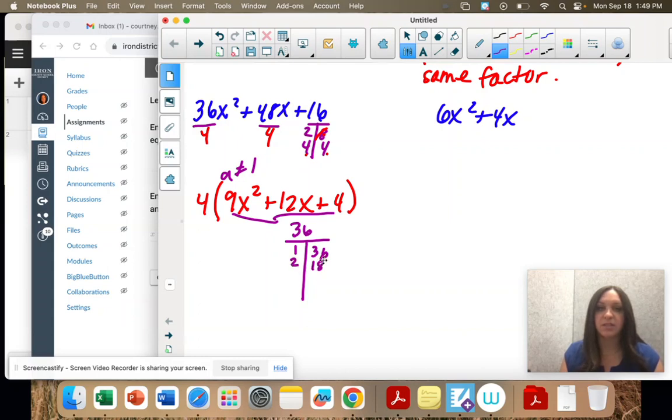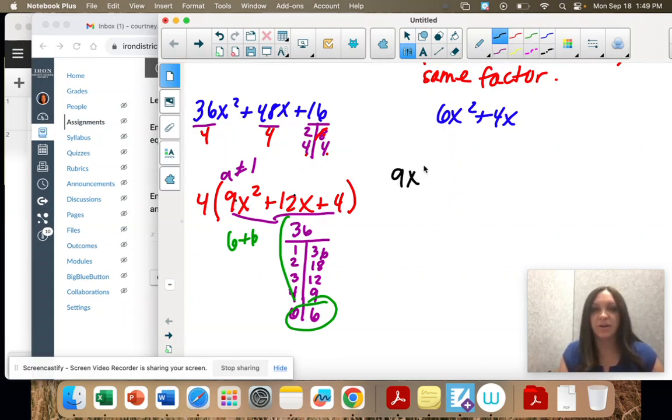So 2 times 18, 3 times 12, 4 times 9, and 6 times 6. Do you see the winner? 6 plus 6 is 12. So I'm going to rewrite this 9x squared plus 12x plus 4. And I'm going to rewrite the 12 using the 6's. So 6x plus 6x.